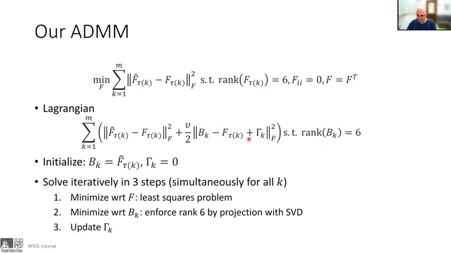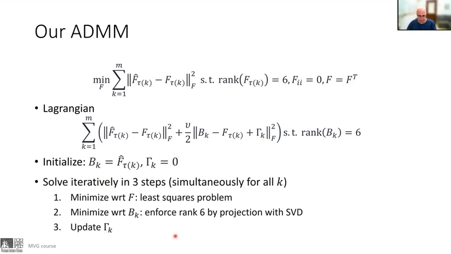Here it's least squares, but we have a rank constraint. Essentially, since we look at triangles, these are full 9 by 9 matrices, and so we can use SVD to solve this problem. So we enforce rank 6 by SVD. Then we update gamma and we repeat iteratively.